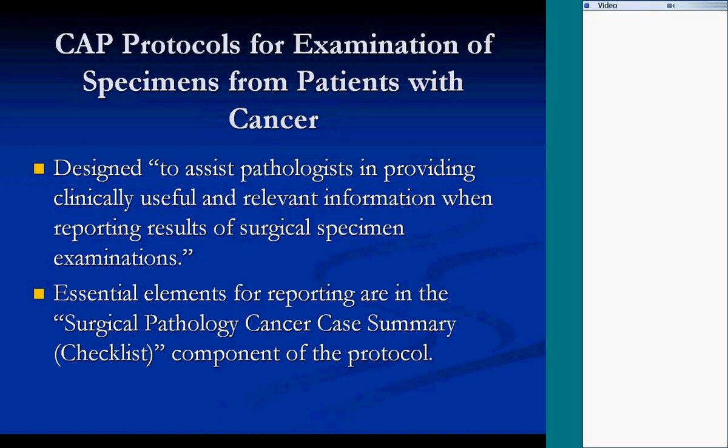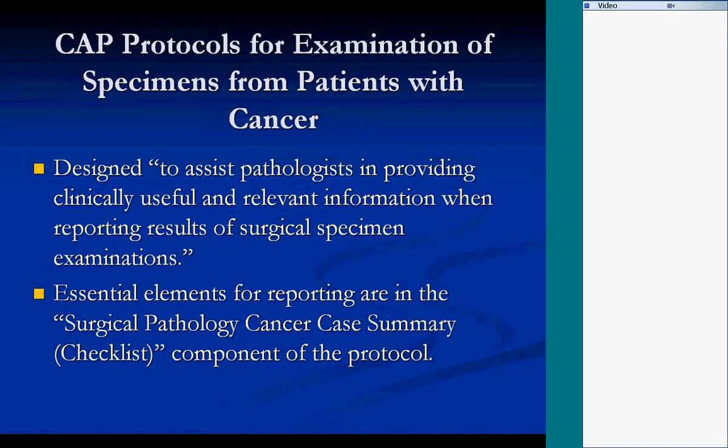So what is the goal of the CAP protocols? These actually have been around for quite some time and now have been updated on a pretty regular basis. Their goal for these specimens from patients with cancer is, in their words, to assist pathologists in providing clinically useful and relevant information when reporting results of histopathologic examination of surgical resections.